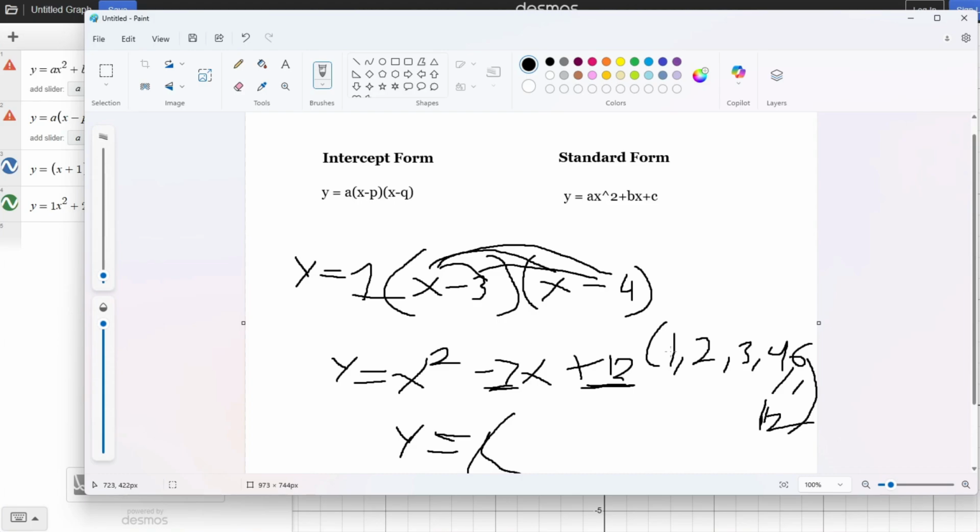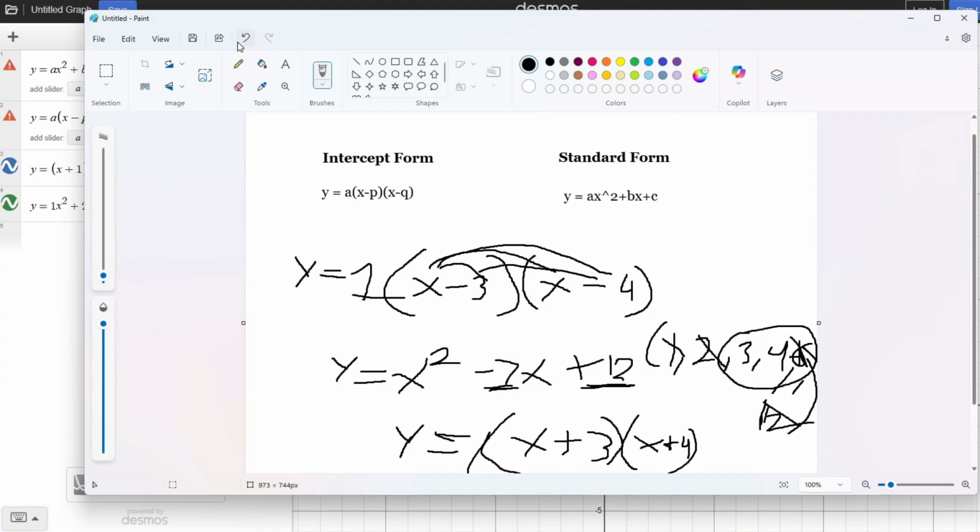Let's see. It can't be 1 and 12. 2 and 6 doesn't add up to 7. 3 and 4 does add up to 7, but x plus 3 and x plus 4 does not add up to negative 7.